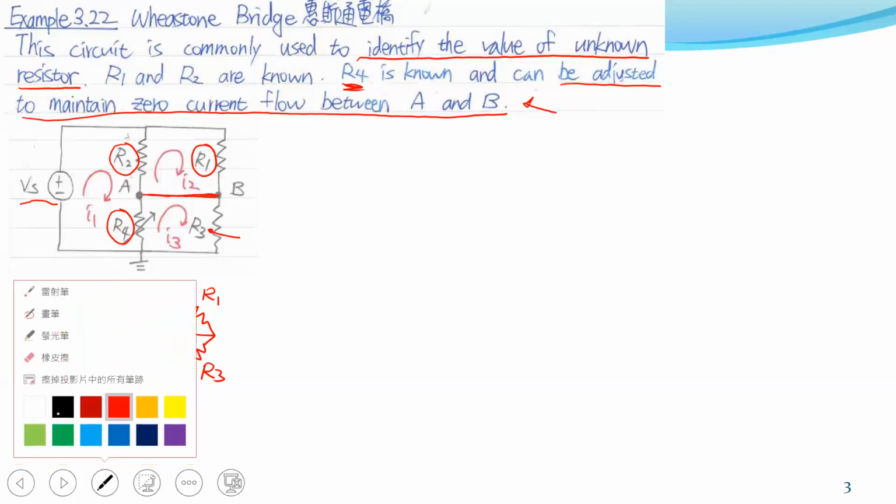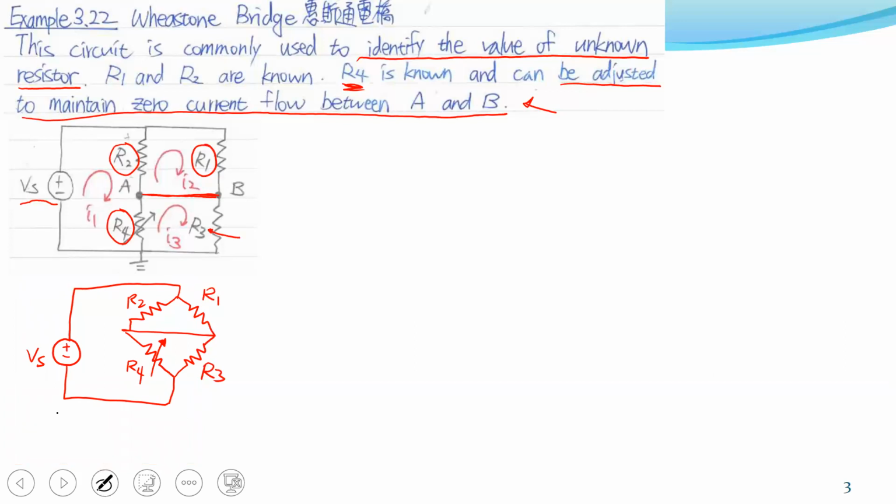The first step is we need to define the mesh currents. In this configuration, the mesh currents are already assigned: I1, I2, and I3, flowing clockwise. So there's no problem. We look at loop 1.